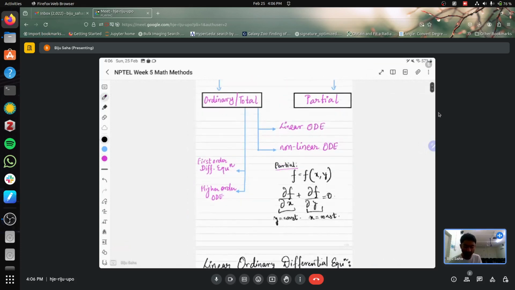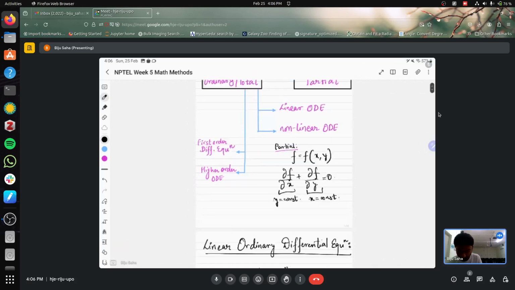An example of an ordinary or total differential equation would be: suppose a function f is a function of only one variable, that is x, then the total differential equation would look like df/dx plus, let's say, f times some function of x.